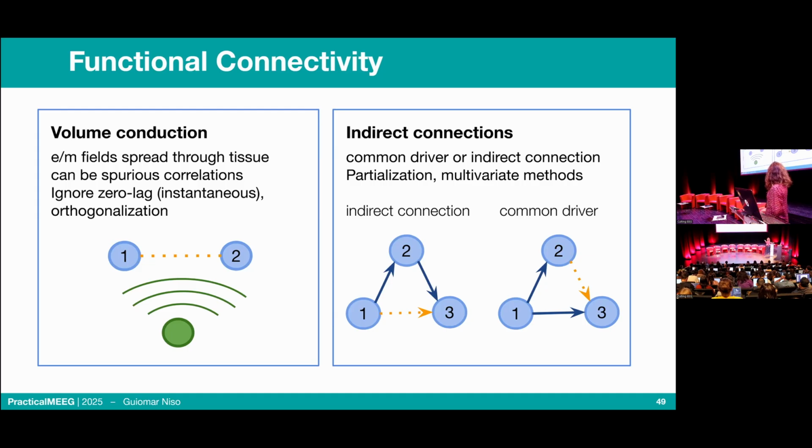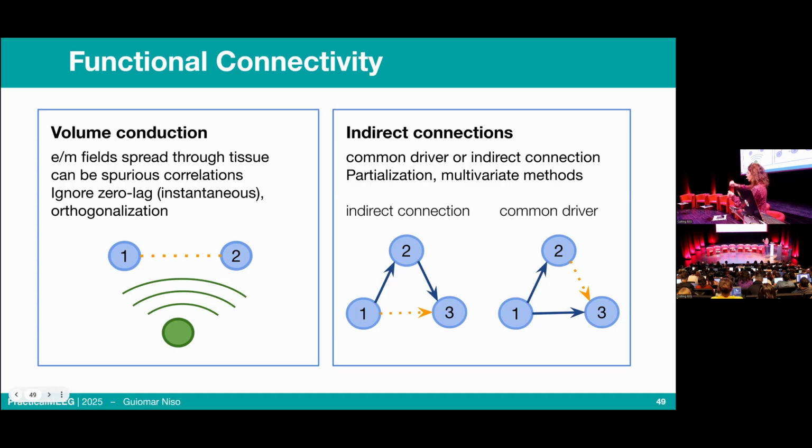And we also have to be careful with indirect connections. That's why some metrics try to partialize the influence of others. Let's start with this: if one is influencing two and two is influencing three, it may be that your method detects 1 to 3, but this is not real.